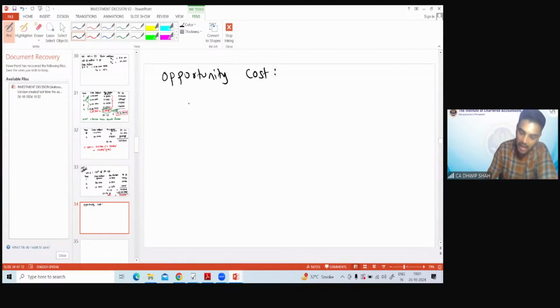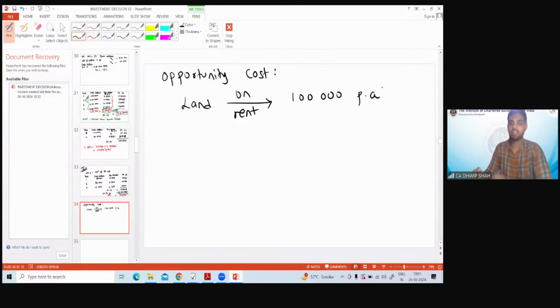Let me explain you with the help of an example. Currently, I have a land that I am giving on rent at 1 lakh per annum because the land is sitting idle. It is idle and I have given it on rent for various functions as per the demand. So I am earning 1 lakh per annum.